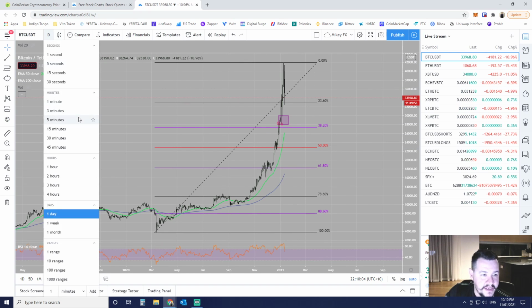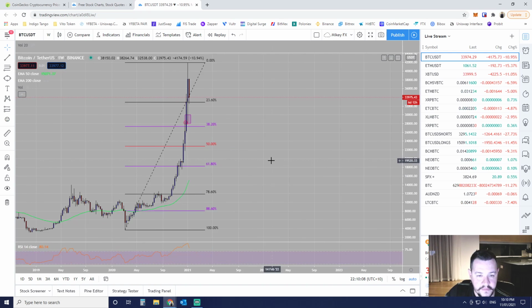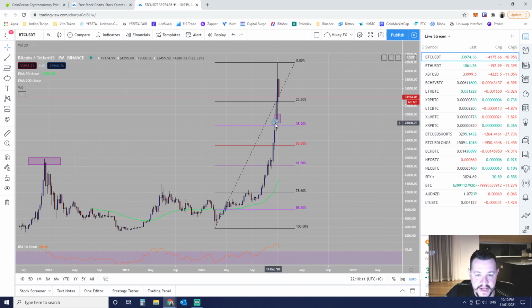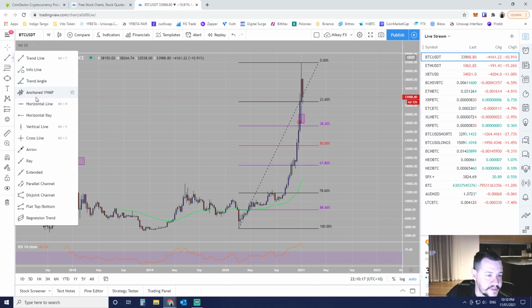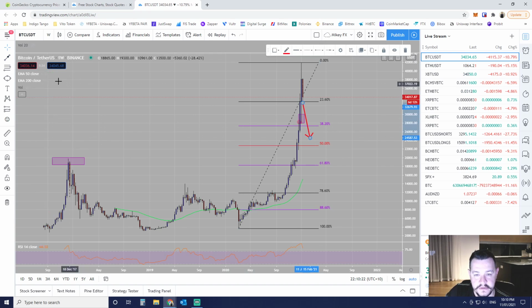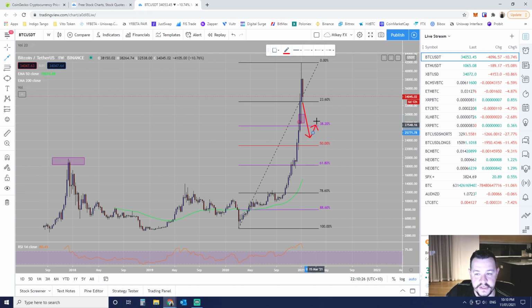If we zoom out again, back to the weekly, if we continue to break this level and then retest this level, if we do something like this, and then retest that 28, 30K level, if we come lower, we're probably looking at that 20K level, which coincides with this previous high.